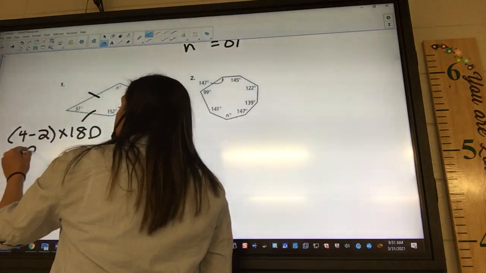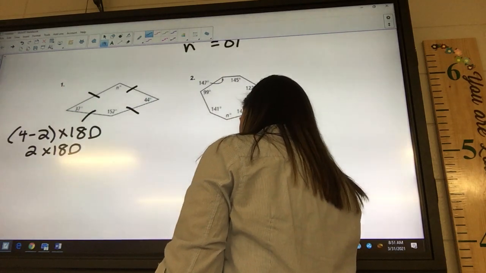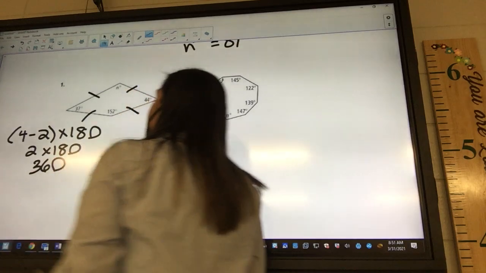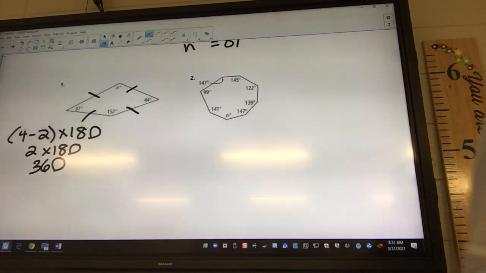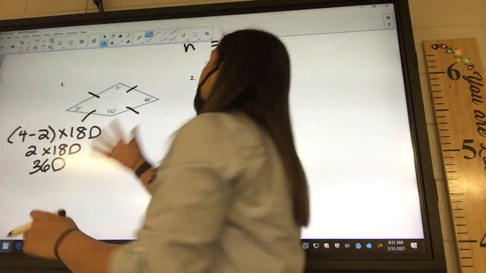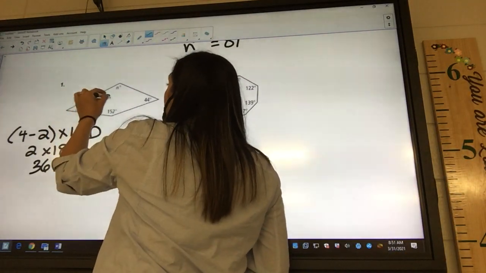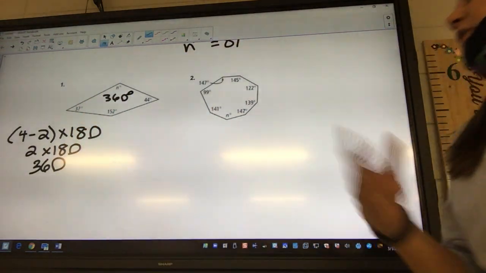So 2 times 180 is 360. So what is 360? It's how many degrees the overall shape is total. So this thing has an interior sum of 360 degrees.